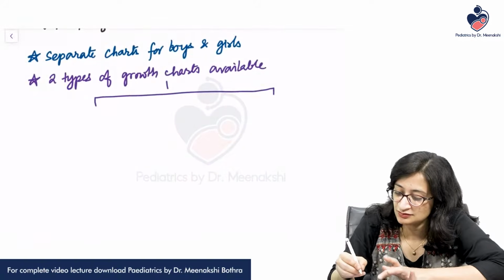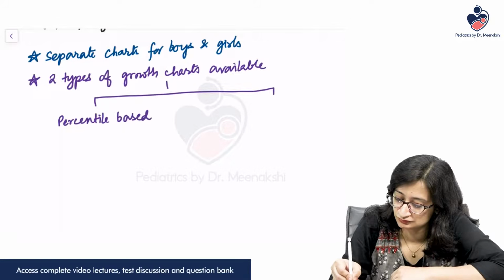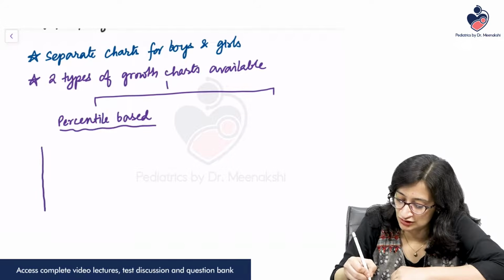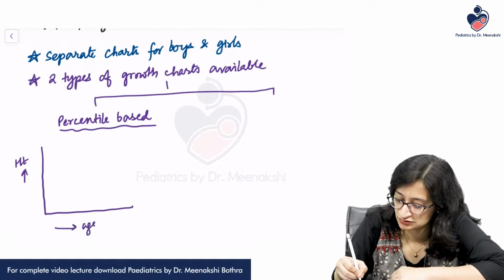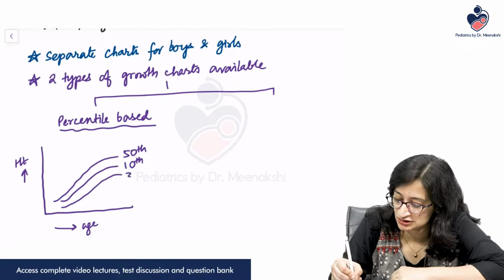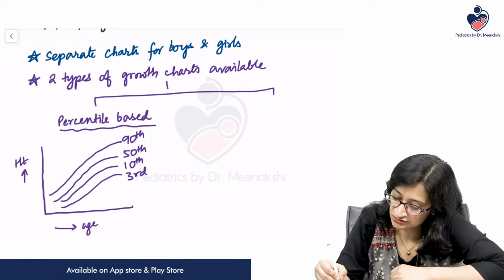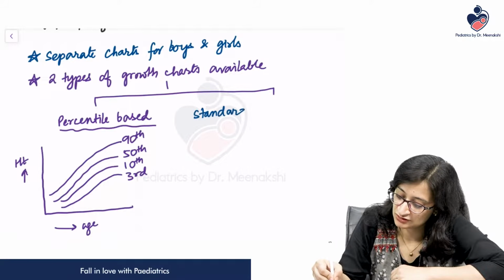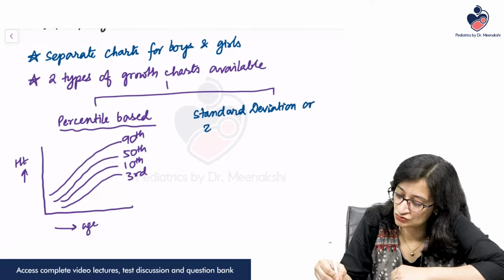So, one is the percentile based, where, for example, if it is height for age, you have lines like 50th percentile, 10th percentile, 3rd percentile, 90th percentile, and so on. So, that is the percentile based charts. And you have standard deviation or Z score based charts also for each parameter.